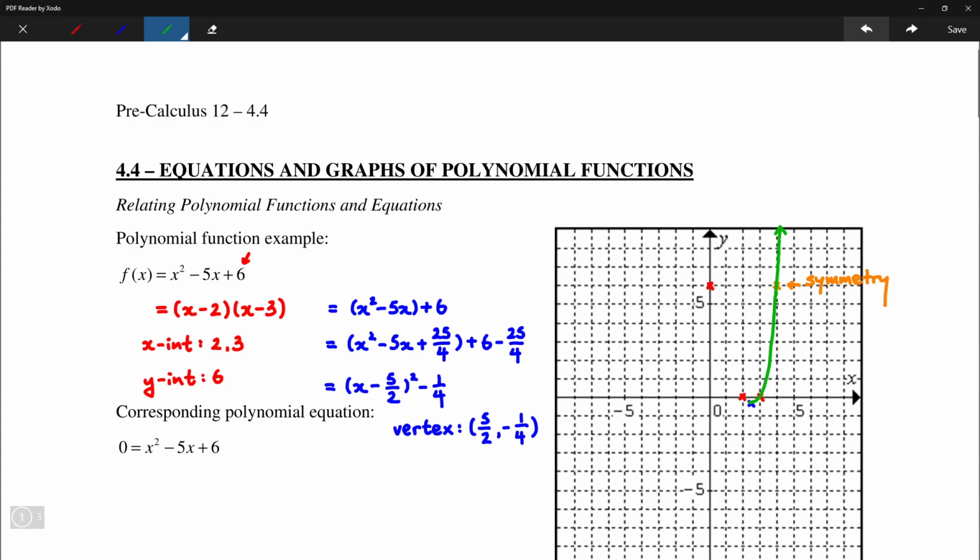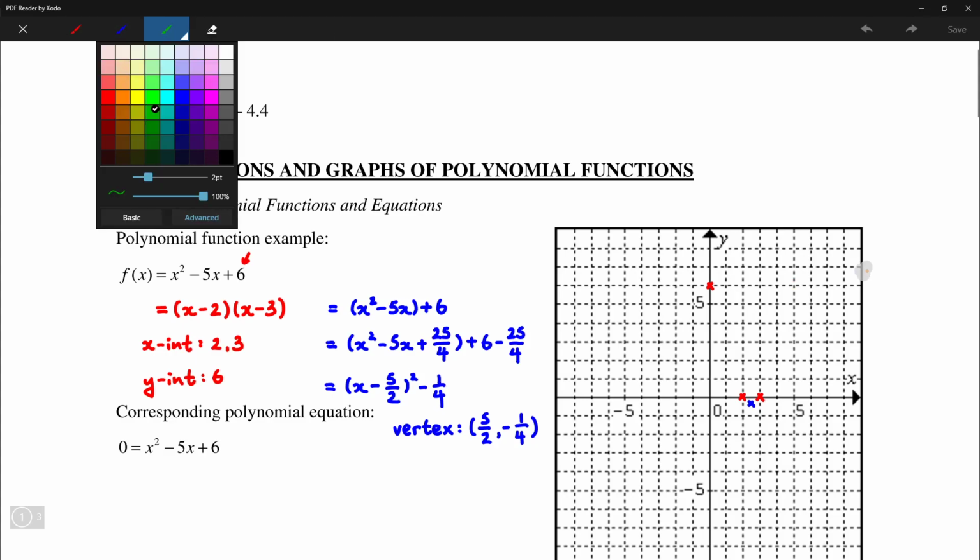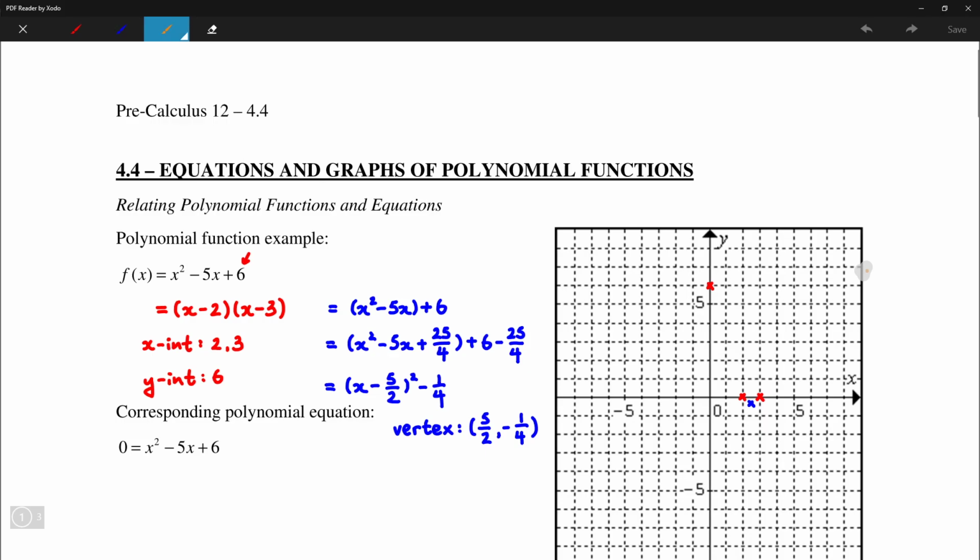Oh, that doesn't look right. Right, the point is in the wrong location. Sorry about that. It wouldn't be at 4, 6, it would be at 5, 6. Okay, let's fix that. There we go. Symmetry.